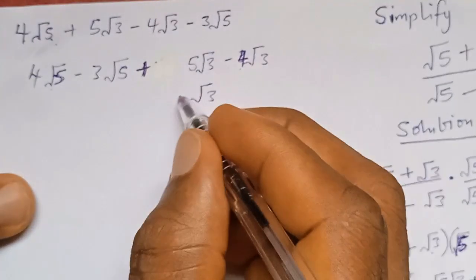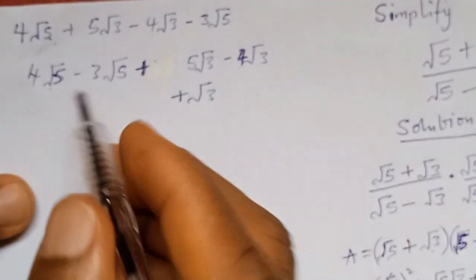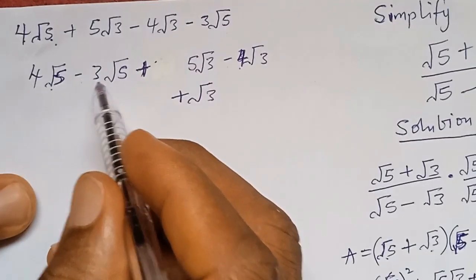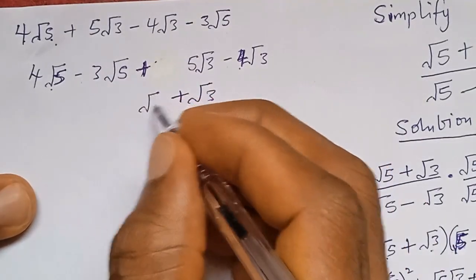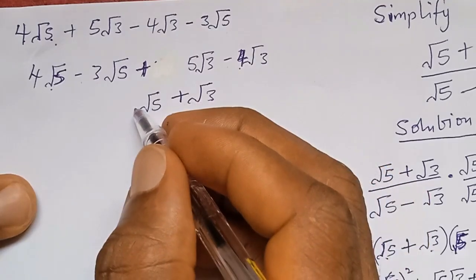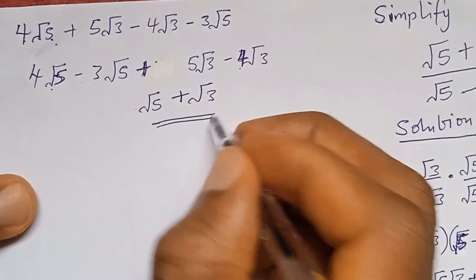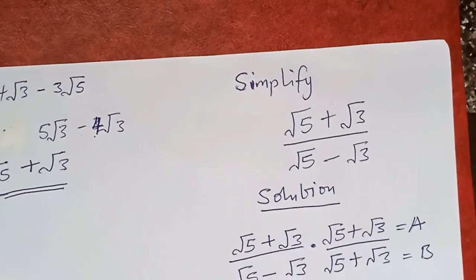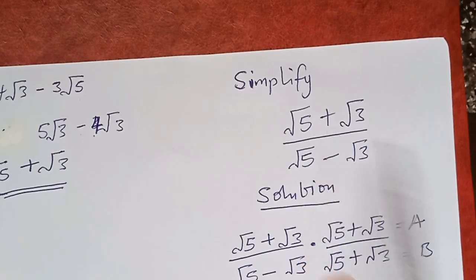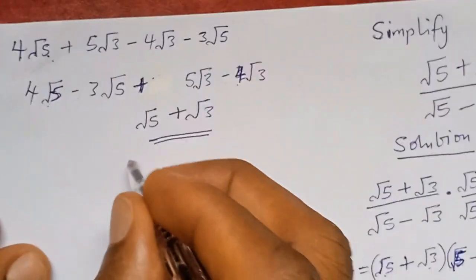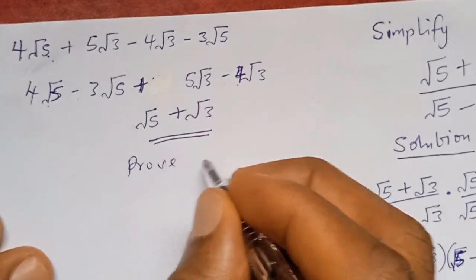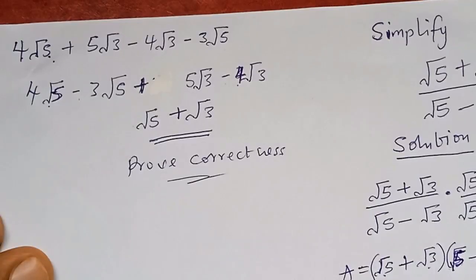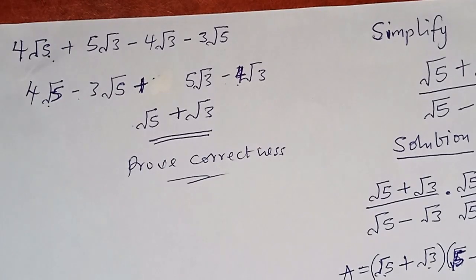Likewise, 4 square root of 5 subtract 3 square root of 5 gives us square root of 5 with the coefficient of 1 over here. So this gives us the initial numerator over here, which proves the correctness, and that's the final answer.